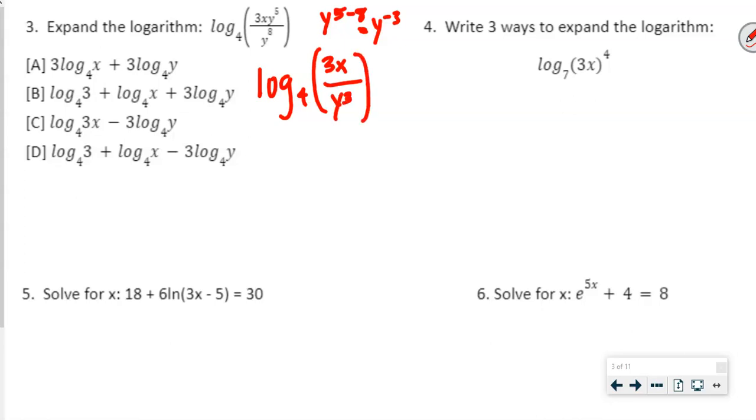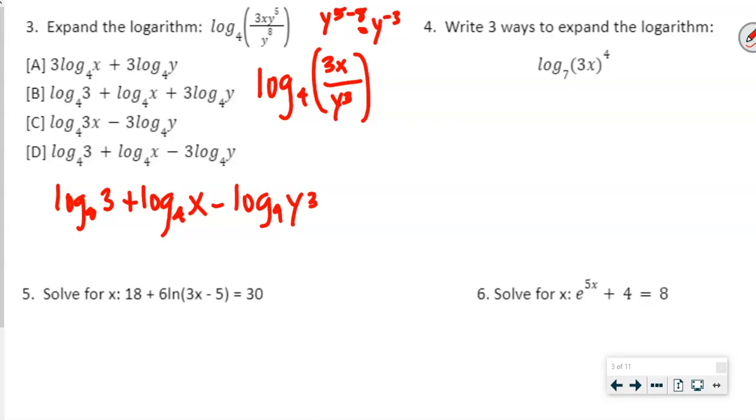What I told my guys is always subtract, and wherever the bigger number is, that's where your result's going to go. Okay, so now we're going to write this as log base 4 of 3, and that's positive because it's on top, plus log base 4 of x, again positive because it's on top, and then minus log base 4 of y to the third.